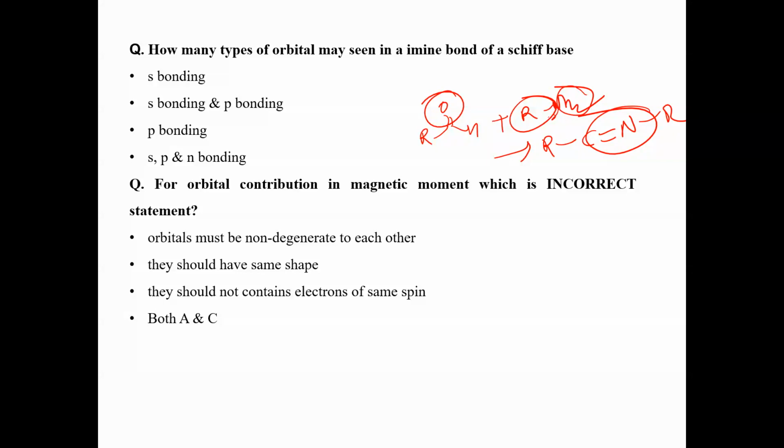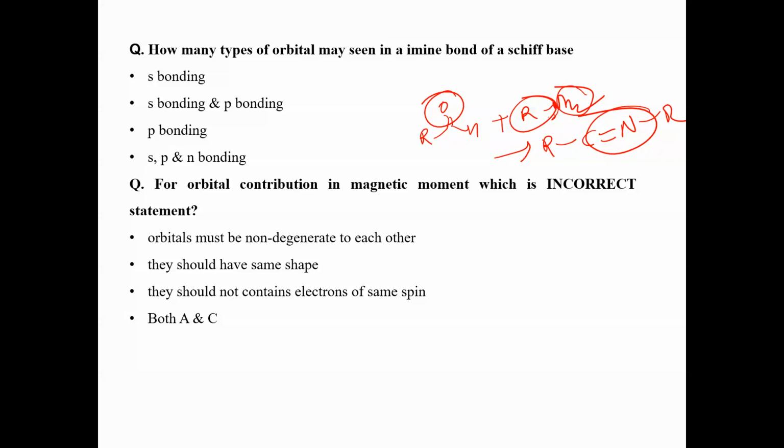Because in the d2 configuration you can observe orbital contribution, but in the case of d3 there is none. So it is not essential that they should not contain electrons of the same spin. They should have the same shape; I think that is not so necessary, because they should be interconvertible.